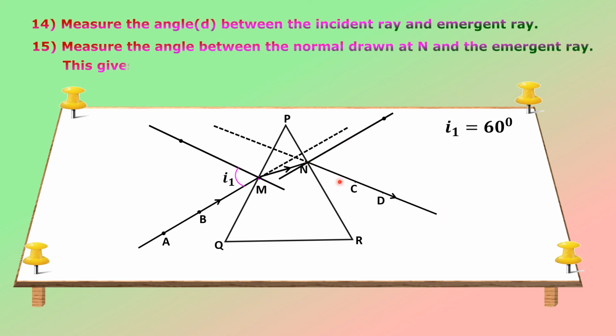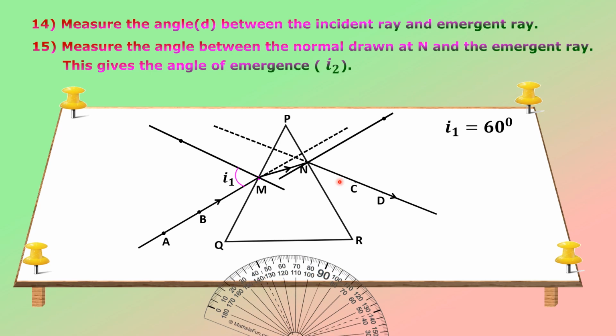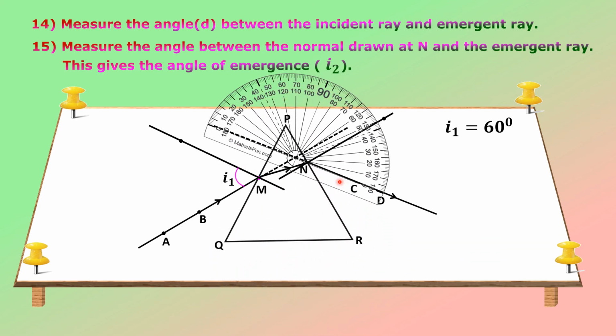This gives the angle of emergence. So let us first measure the angle of deviation, D value here. D equal to 55 degrees. So the angle of deviation has further increased with the increase of angle of incidence.